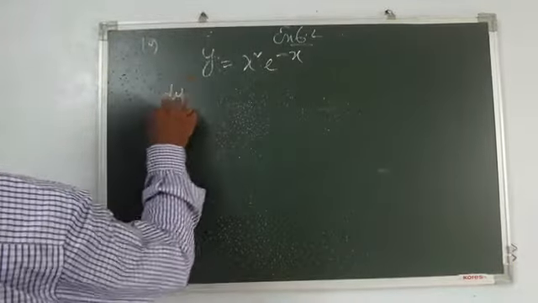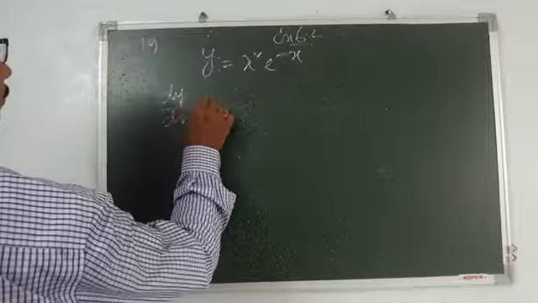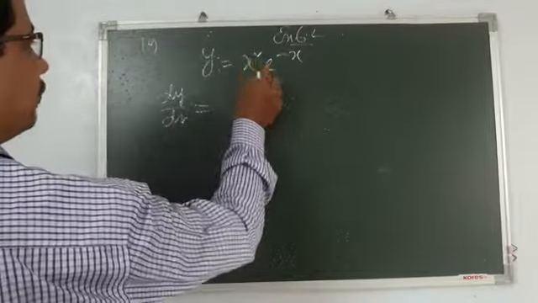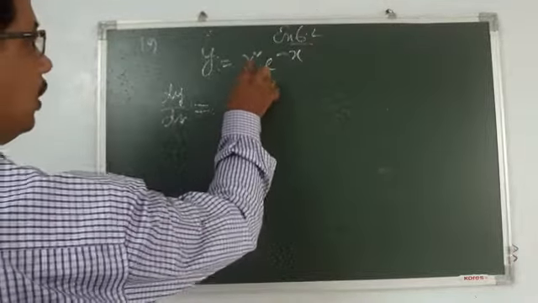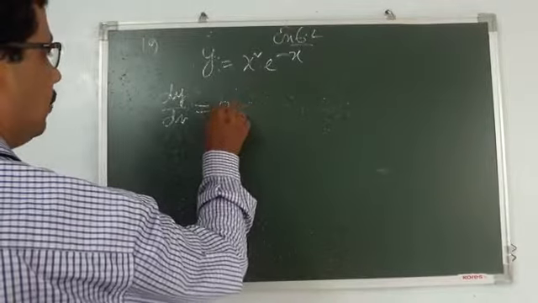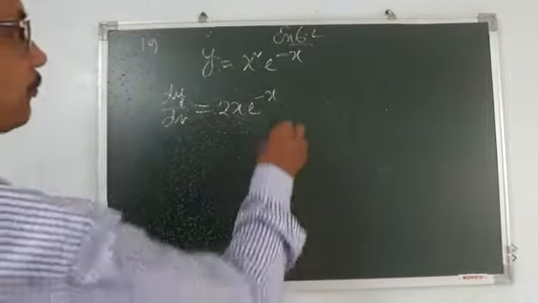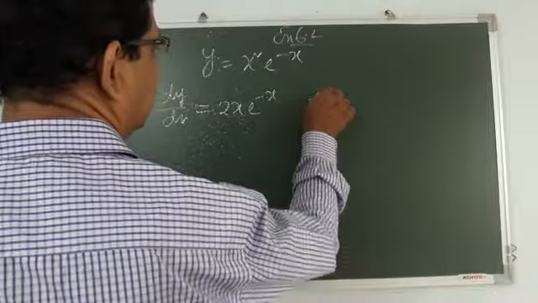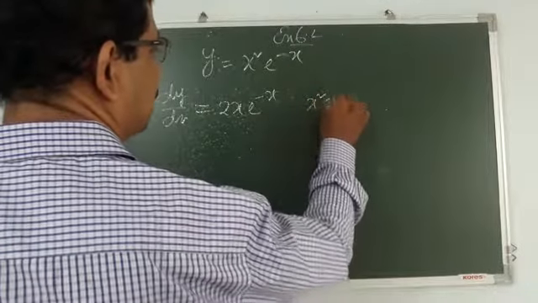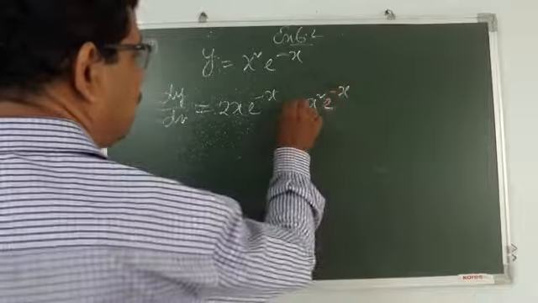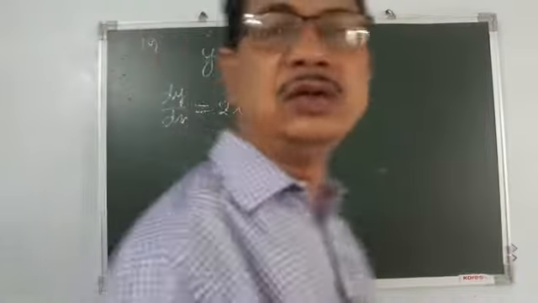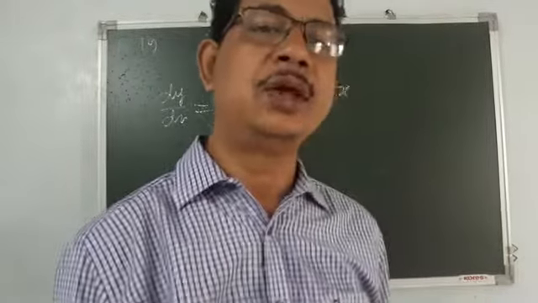So dy/dx, you will find what? If we differentiate, it is in the u into v form. Differentiating x square gives 2x, and e to the power minus x remains the same. Then x square, and differentiating e to the power minus x gives minus e to the power minus x. We have to apply the chain rule for this one.